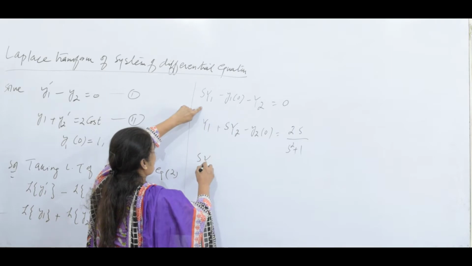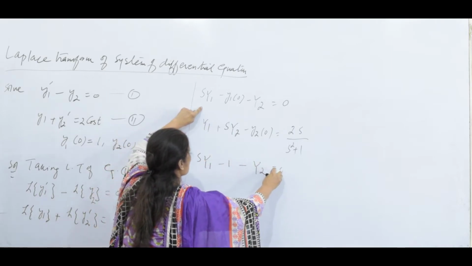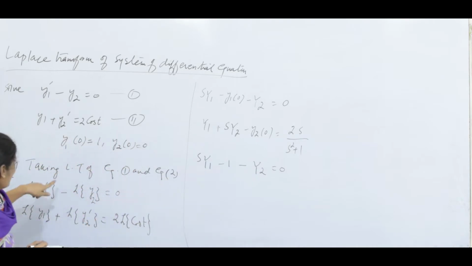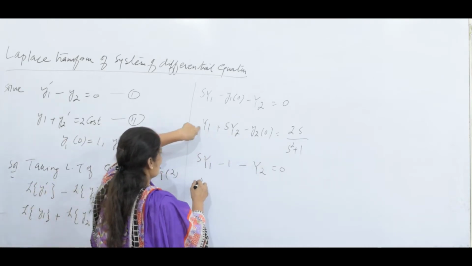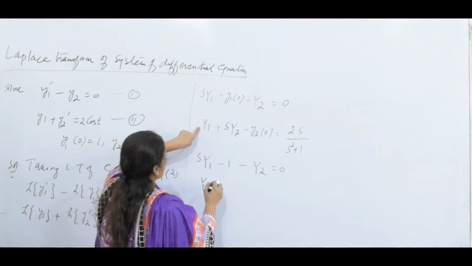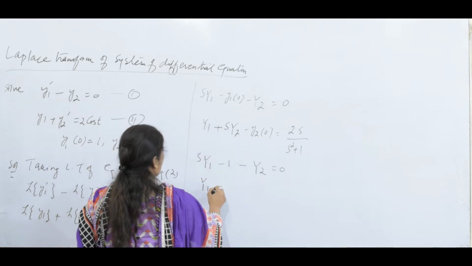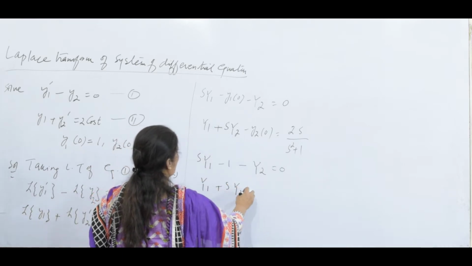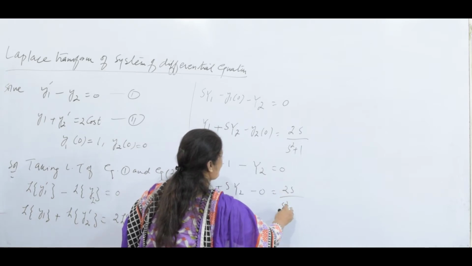So sY1 minus 1 minus Y2 equal to 0. y2(0) is 0, so put 0 there. So this is Y1 plus sY2 equal to 2s over s square plus 1.